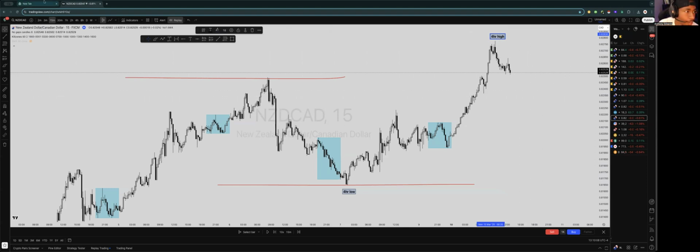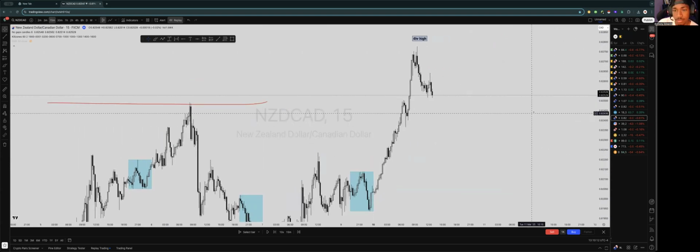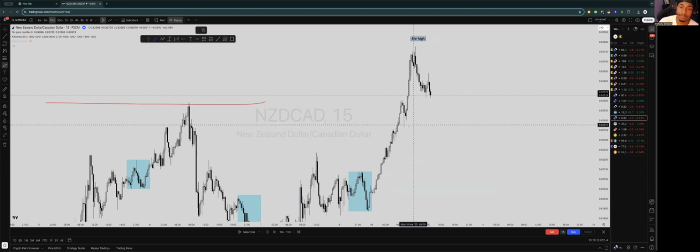Next, as you can see, what's making the 4 hour time frame is the 15-minute. And on the 15-minute time frame, we can see that this is the 15-minute high, this is the 15-minute low, this is the 15-minute high.